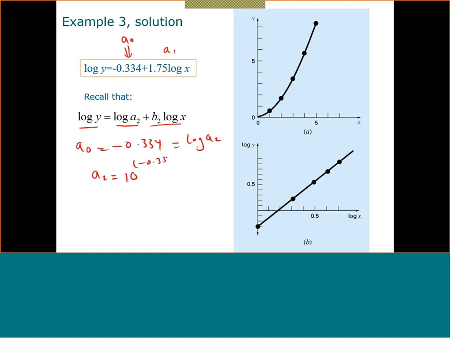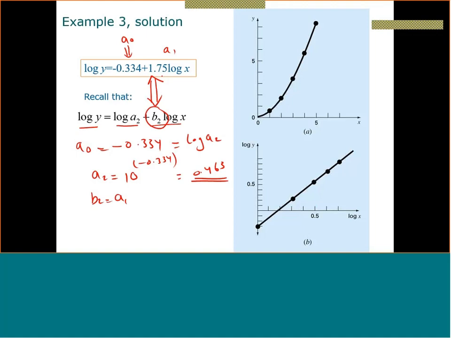Okay. Now I need to find B2. When I compare this with this, B2 is nothing but A1, which is equal to 1.75. Now my model is ready.